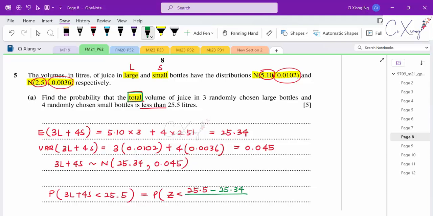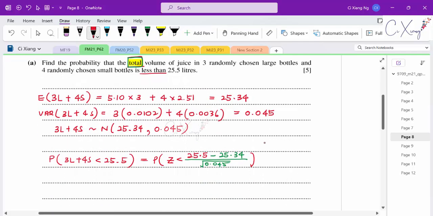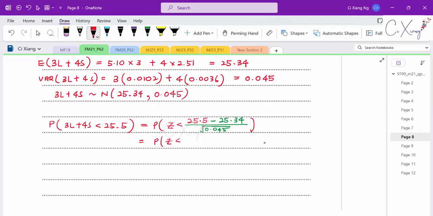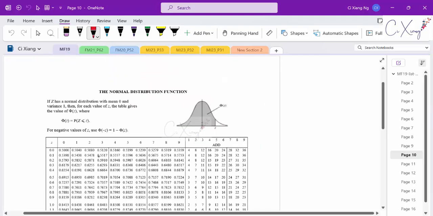The 0.045 is the variance, so if you want to divide by the standard deviation, it will be the square root of 0.045. Alright, then simplify the value of z, correct to 3 decimal places: 0.754.